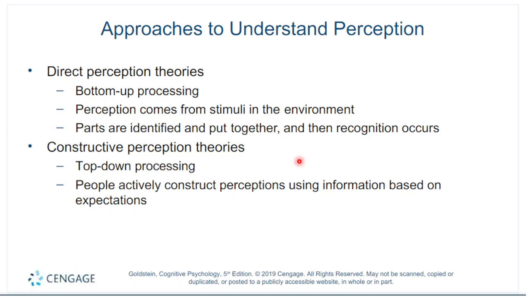And then we also have the constructive perception theory, which is the top-down processing, wherein people actively construct perceptions using information based on expectation. So like what happened in your, ano ba to?